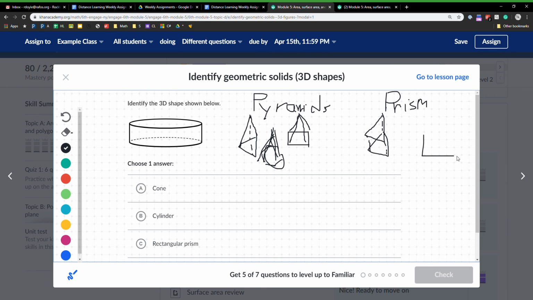A rectangular prism would look like two rectangles, all connected. It's called a rectangular prism because the two bases are rectangles. So the difference is one base is a pyramid, two bases is a prism. And that's pretty much how you identify 3D geometric solids.